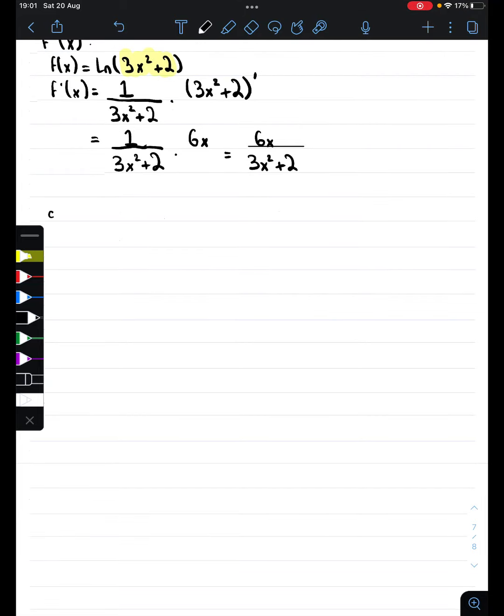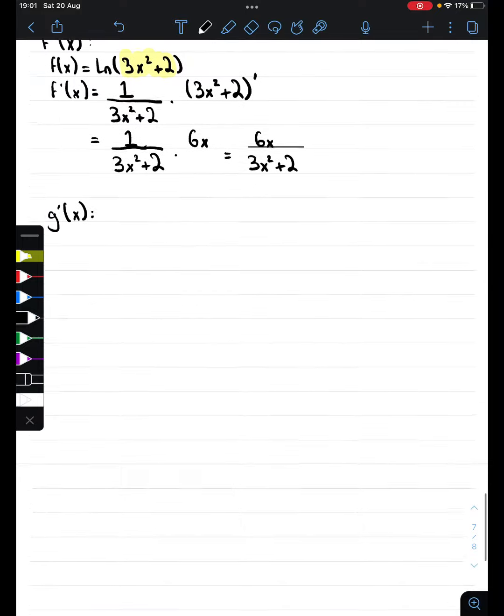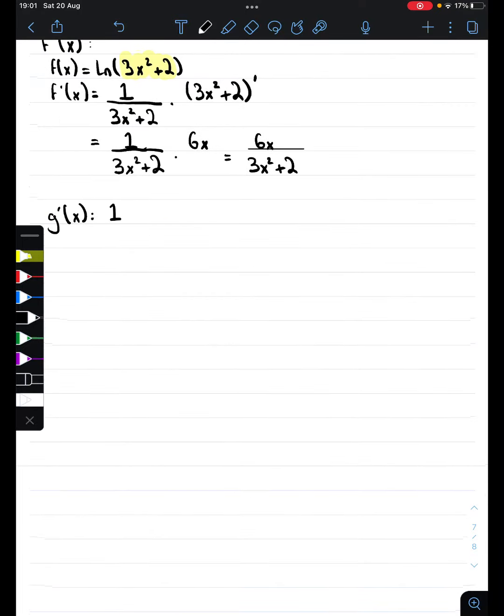Okay, that's the derivative of f. And now we want the derivative of g. The derivative of g of x is just the derivative of x plus 5, which is easy. It's just 1.